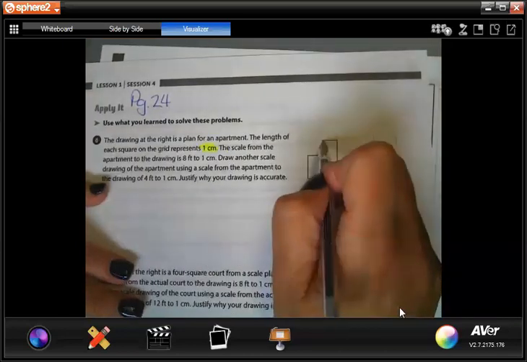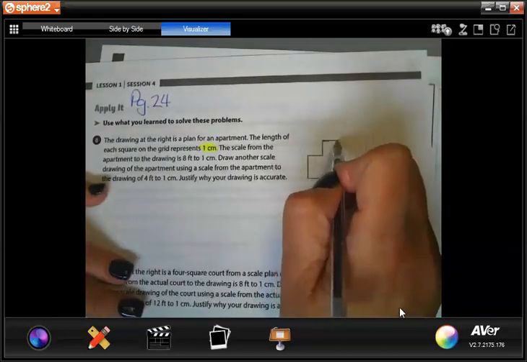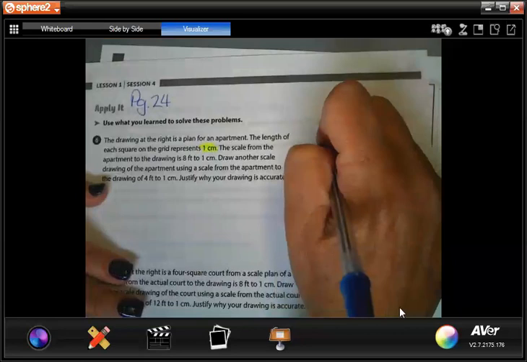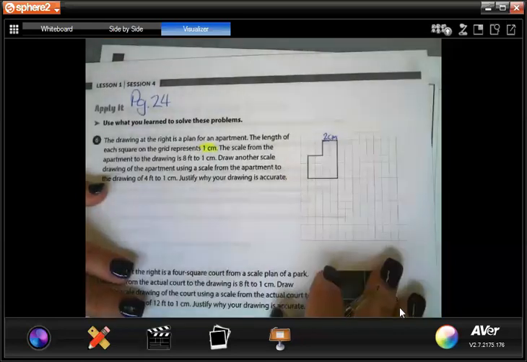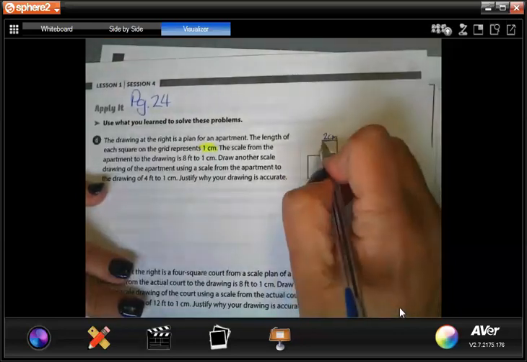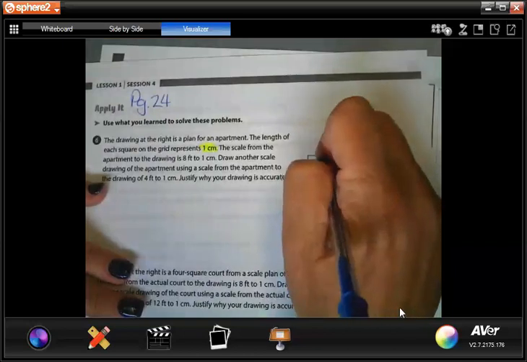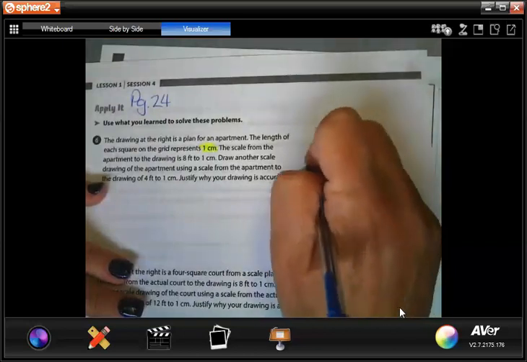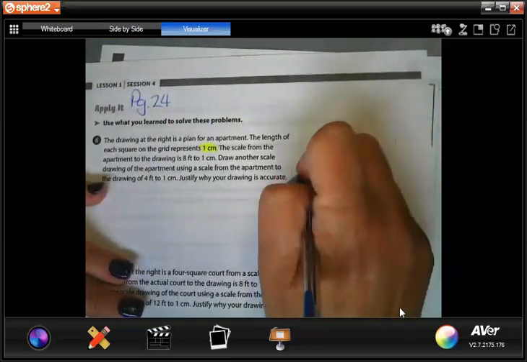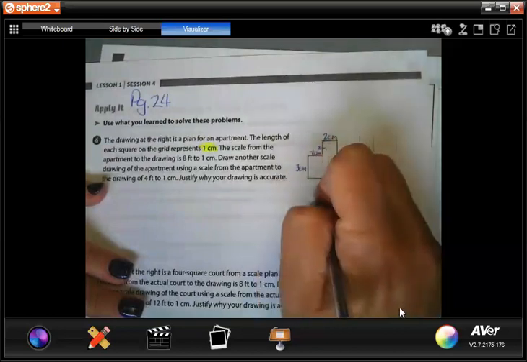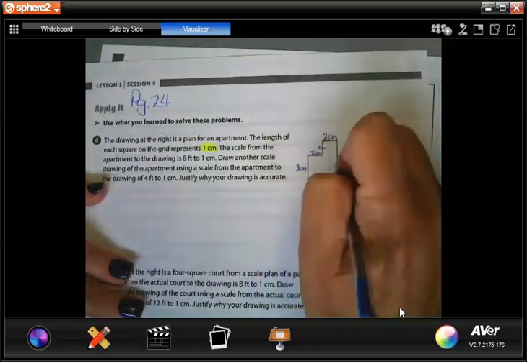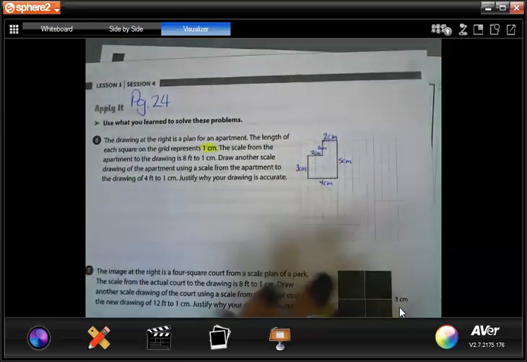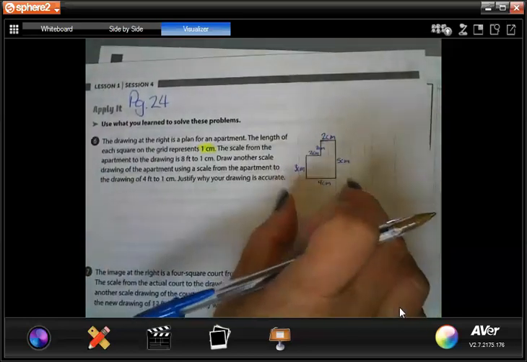This is 1 square, 2 squares, so this must be 2 centimeters. This side, 2 centimeters. This side, 2 centimeters. This side is 3 centimeters, 4 centimeters, and 5 centimeters. All right, so that's what my scale looks like.